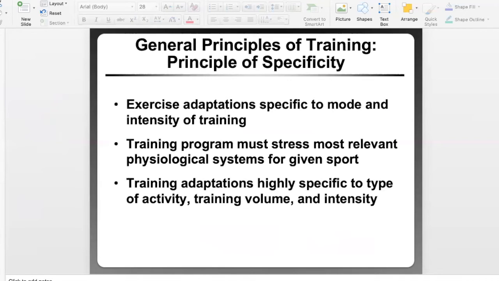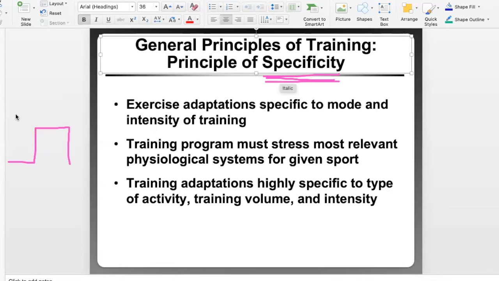There's also the principle of specificity, which implies if I want an individual to get strong at a particular movement, then what I should do is replicate that movement as close as possible. So if I want an individual to get better at jumping from the ground onto a big box, they're going to start here and they're going to jump, say, a vertical jump.